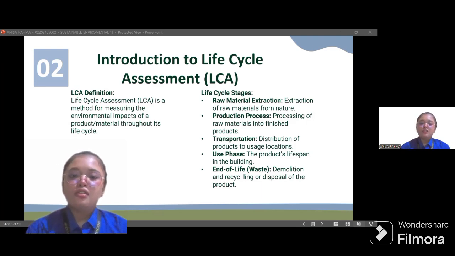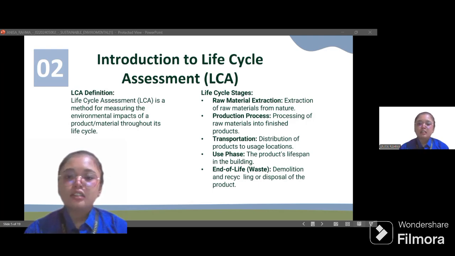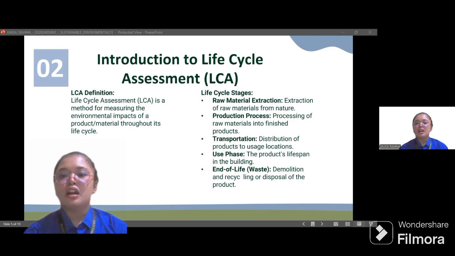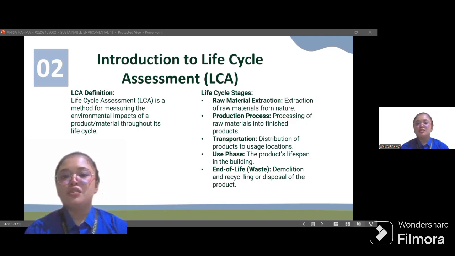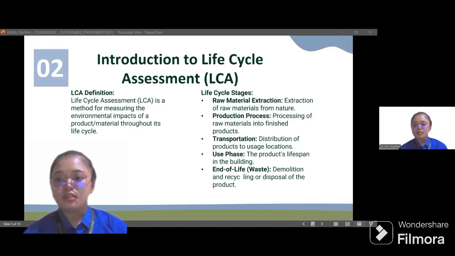For raw material extraction, these include all activities related to harvesting or mining of raw materials. For instance, red bricks require clay to be extracted from natural sources, while AAC involves materials such as silica sand and cement. This stage often contributes significantly to environmental degradation, energy use, and greenhouse gas emissions.